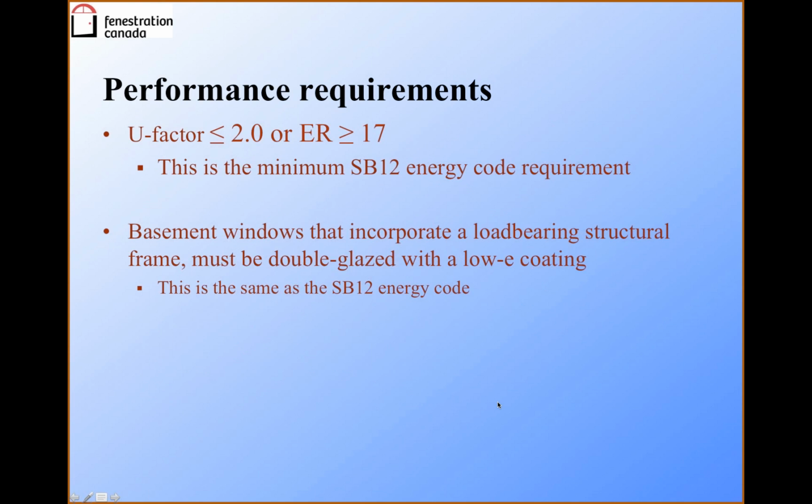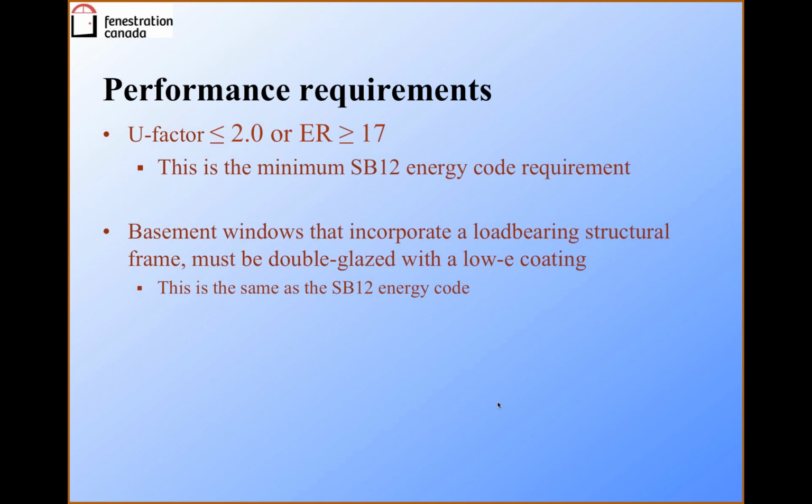Okay. So the performance requirements now. The U factor requirement of 2.0 in metric units or lower, or an energy rating of 17 or higher. This is the minimum requirement in the SB12 Energy Code document. And the SB12, we've been through that in a previous webinar. It's quite complicated.